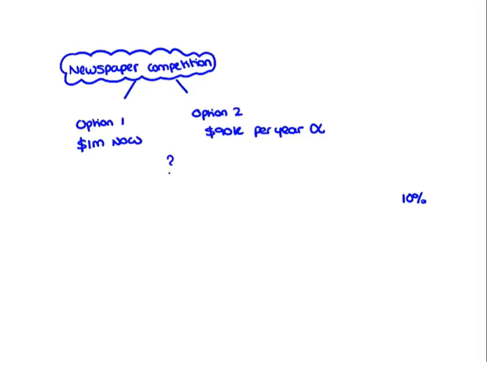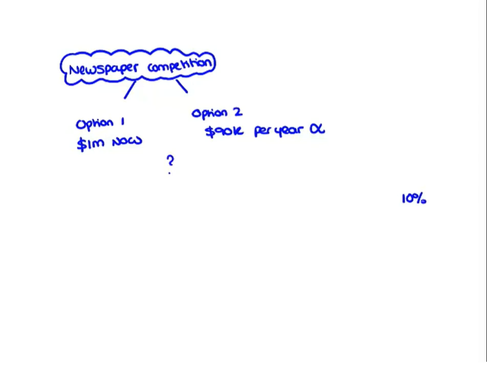So which option seemed the most appealing? Did you want the $1 million now or the 90,000? Lots of people then will choose the 90,000 because it goes on forever and ever and ever.